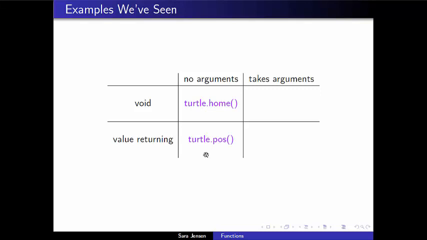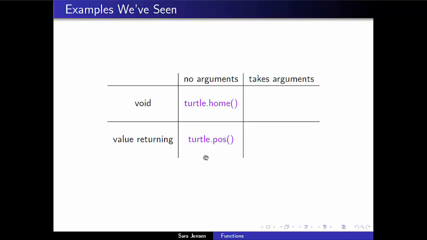Let's both compare and contrast this with Turtle's position function, which we abbreviate with POS. This is an example of a function that is a value returning function, but does not need any arguments. The position function doesn't take in any parameters, but it gives us something back. What is returned by the position function is the current location of the turtle.